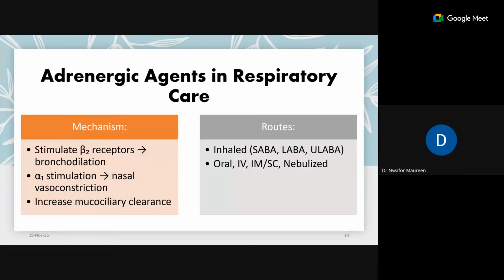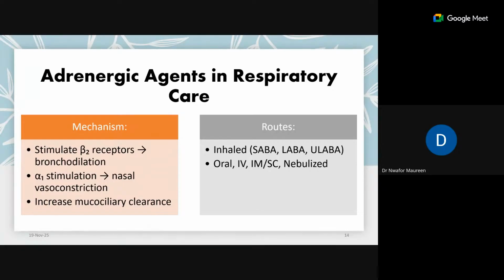Then the elevated cAMP activates protein kinase and other mechanisms, which reduce intracellular calcium levels, ultimately leading to airway smooth muscle relaxation, which will bring bronchodilation. So these are basically the mechanisms of action of beta-2 agonists. But in summary, they stimulate beta-2 receptors and thereby cause bronchodilation, leading to airway smooth muscle relaxation.